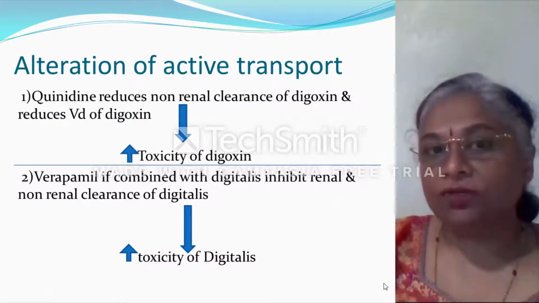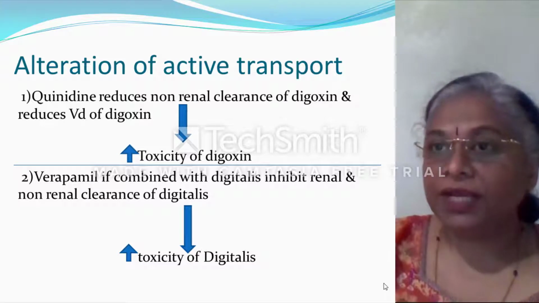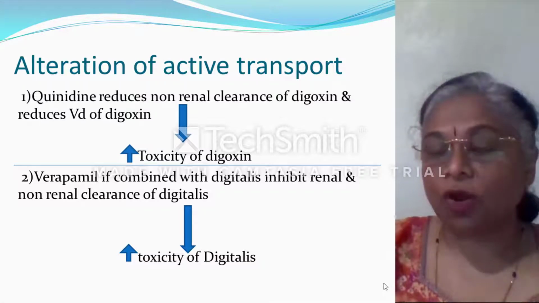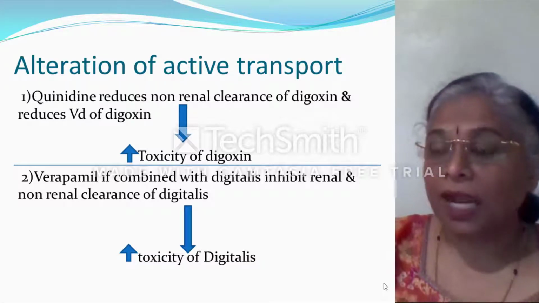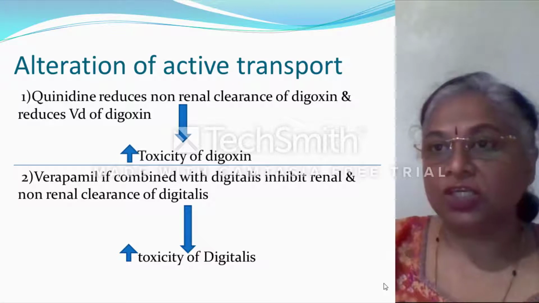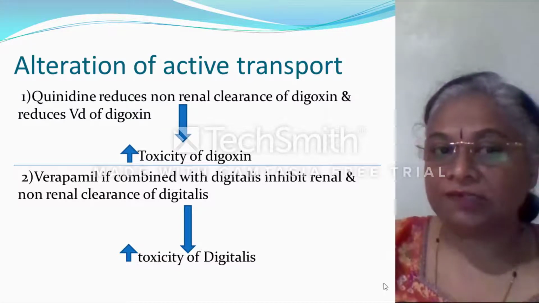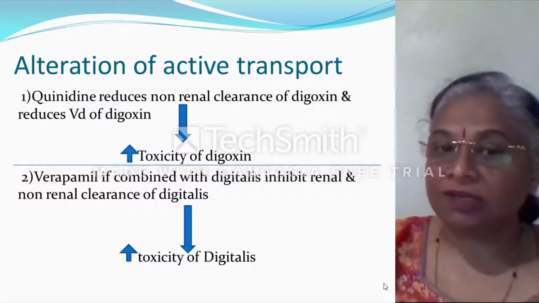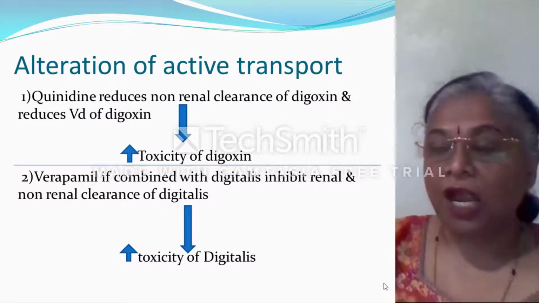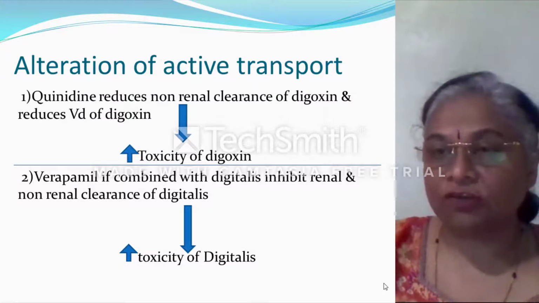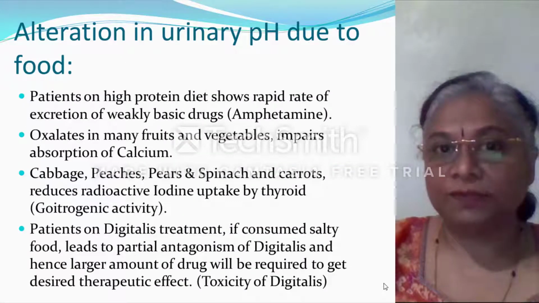Alteration of the active transport. Quinidine reduces non-renal clearance of digoxin and reduces the volume of distribution of digoxin, and that leads to an increase in the toxicity of digoxin. Verapamil, if combined with digitalis, inhibits its renal as well as non-renal clearance, and that also leads to an increase in the toxicity of digitalis.